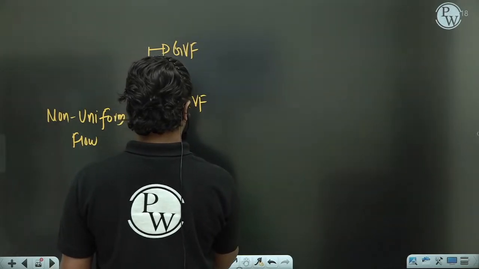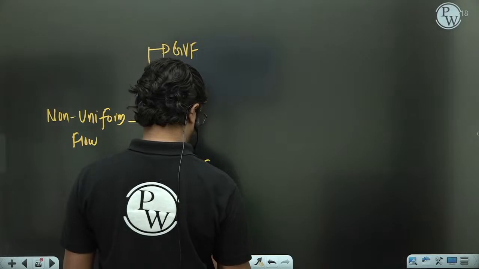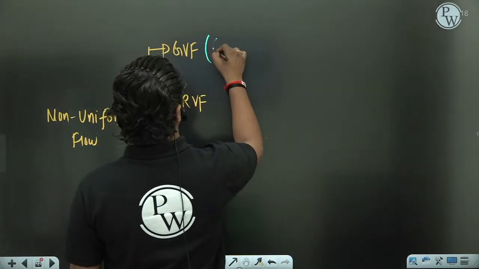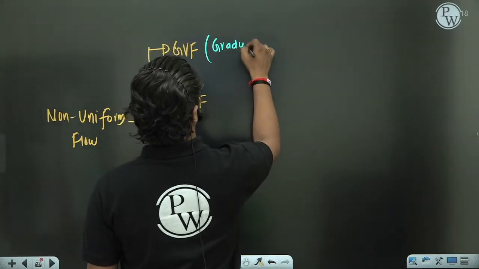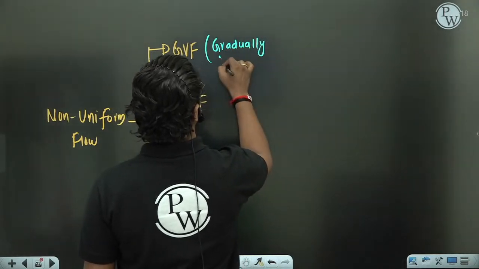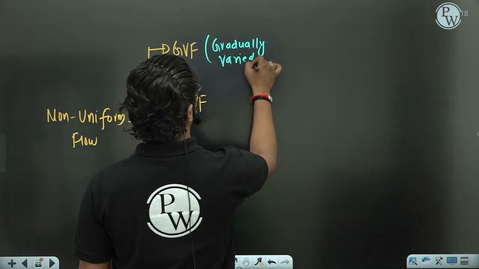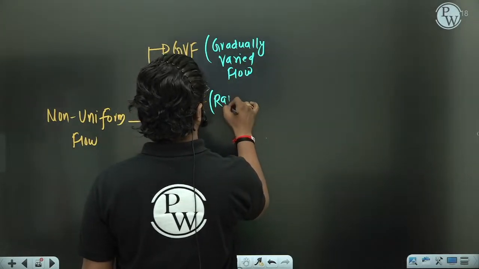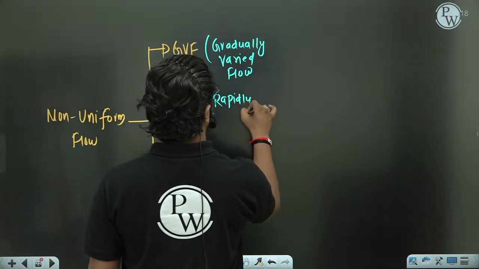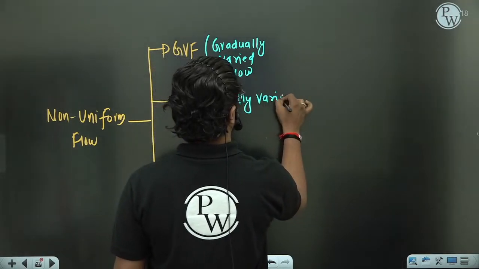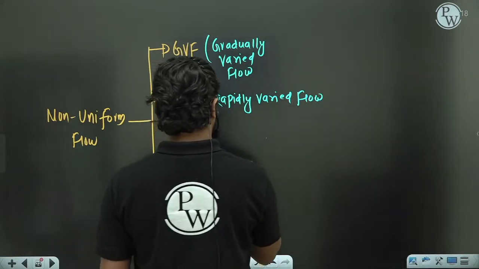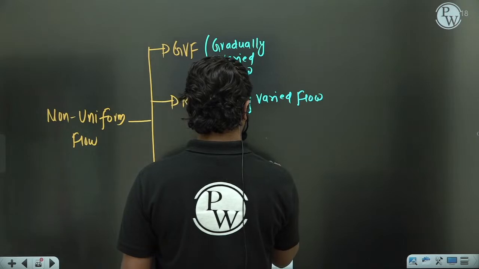And third we call SVF. What is the meaning of these? GVF is gradually varied flow. RVF is rapidly varied flow. And SVF is spatially varied flow.